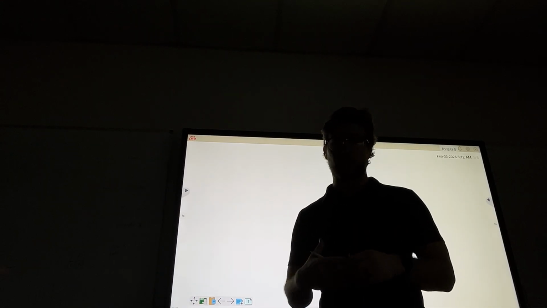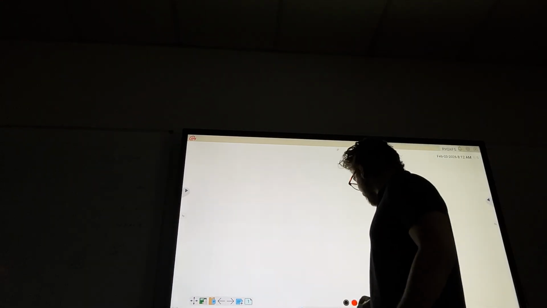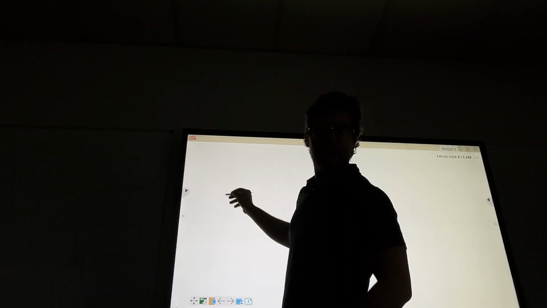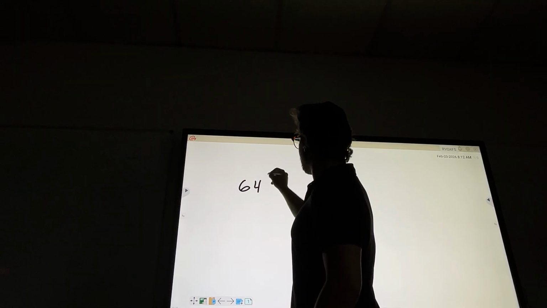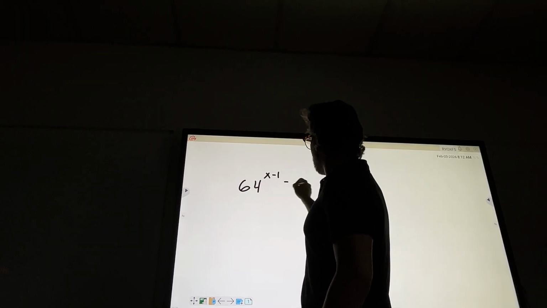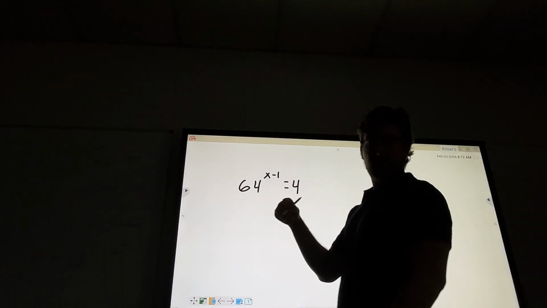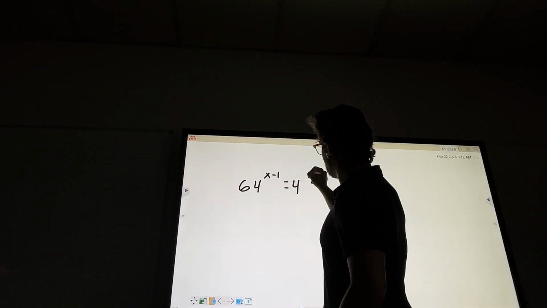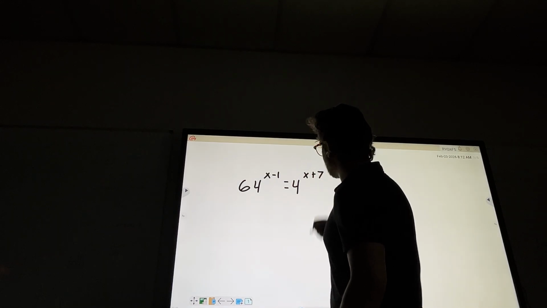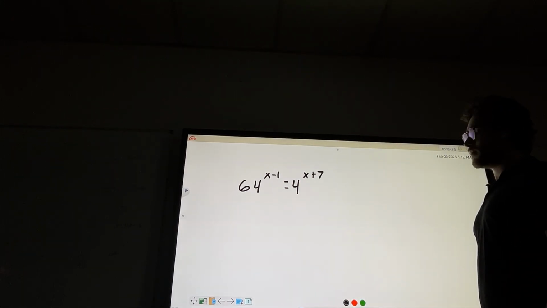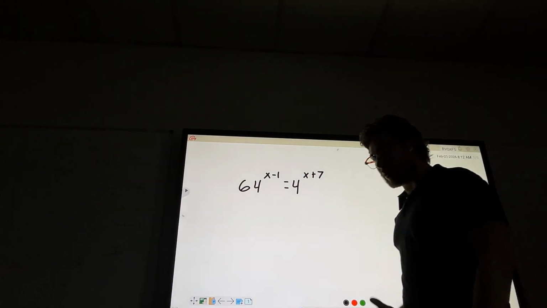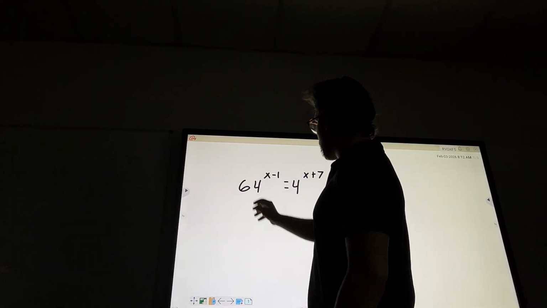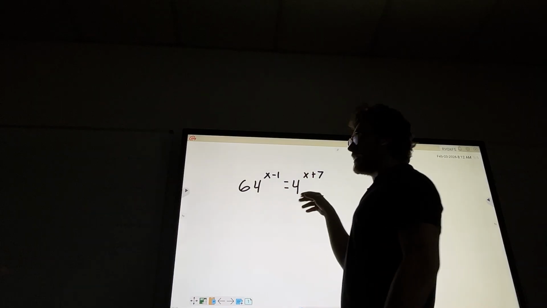We can also start having some x's in our equation. Let's do 64 to the power of x minus 1 equals 4 to the power of x plus 7. I'll pause for a moment. What we're going to be doing here is we see that we have different bases.